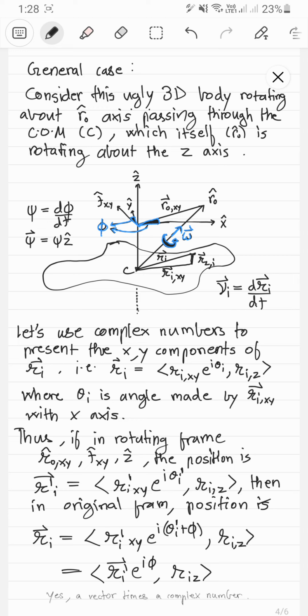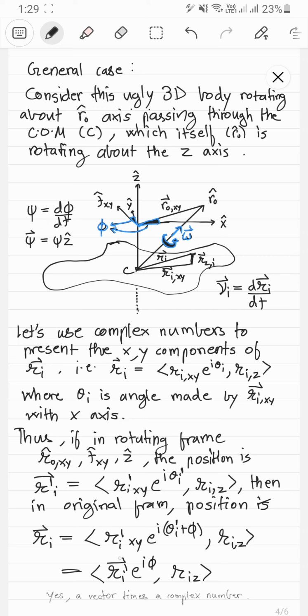So whatever position it sees is also rotated, but you can't see the effect because you yourself are also being rotated. And that's why the actual position will be Ri dash xy in the xy plane, of course, e power i, theta i dash plus phi, that accounts for the rotation of this rotating frame. And then the z component is still the same, right?